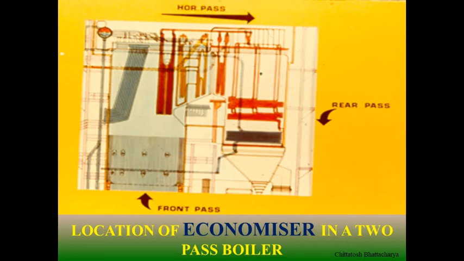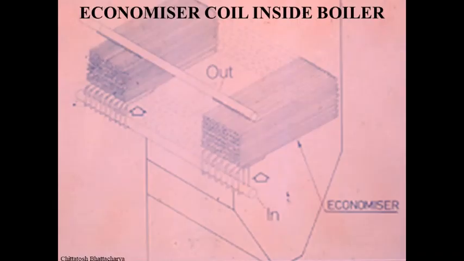In modern two-pass boilers, the economizer is generally placed in the second pass of the boiler, at the bottommost part of the second pass, just above the air preheater. Economizers are placed like a tube bundle which are clamped together with a clamping arrangement, and the water is coming from the bottom, and after receiving the sensible heat it is going out from the top of the economizer.